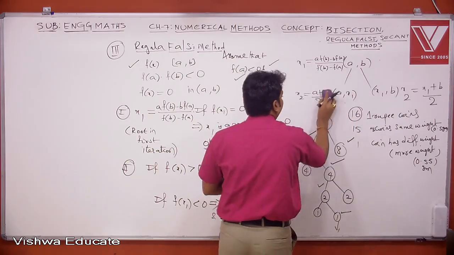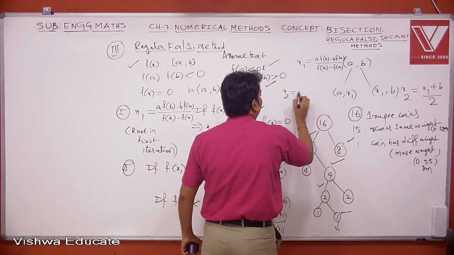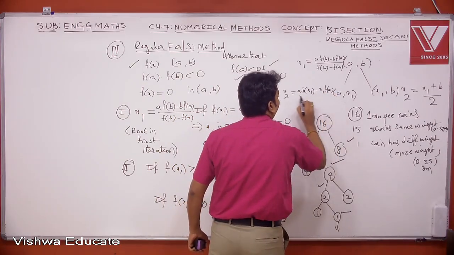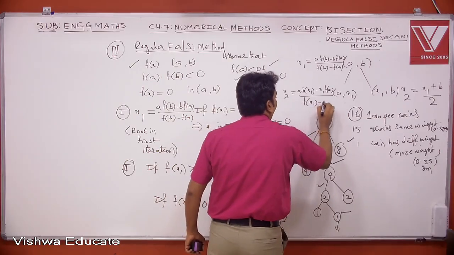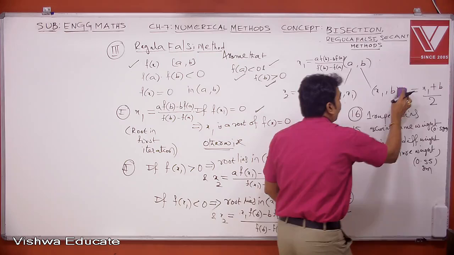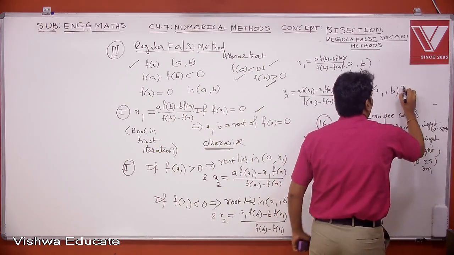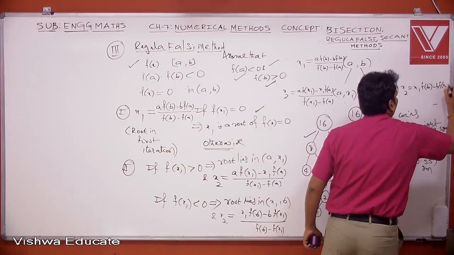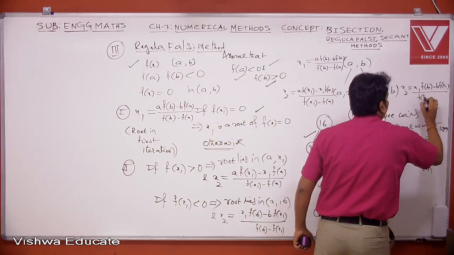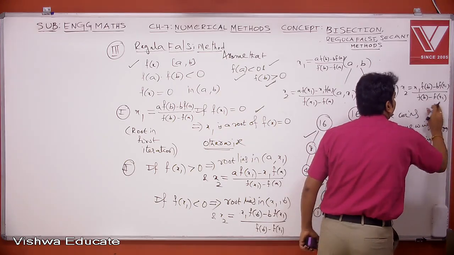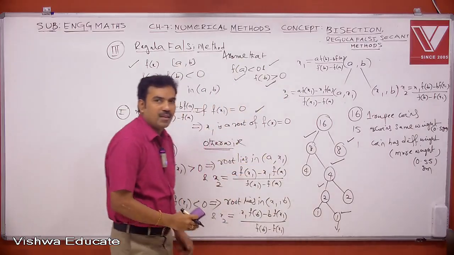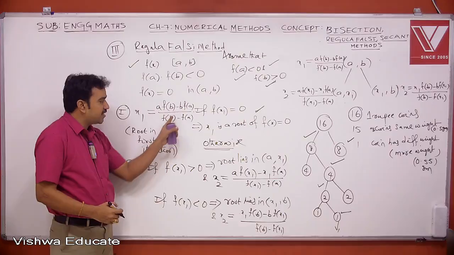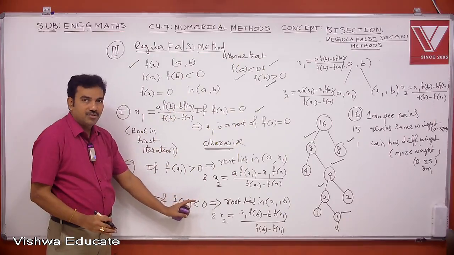If the root belongs to this interval, then x2 equals a into f of x1 minus x1 into f of a divided by f of x1 minus f of a. If the root belongs to this interval, then the value of x2 is x1 into f of b minus b into f of x1 divided by f of b minus f of x1. So like this we can repeat the process. You can write in your own words, but make changes in the formulas, x1, x2, like this.